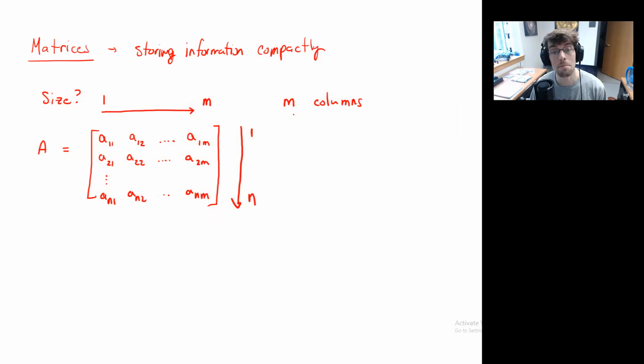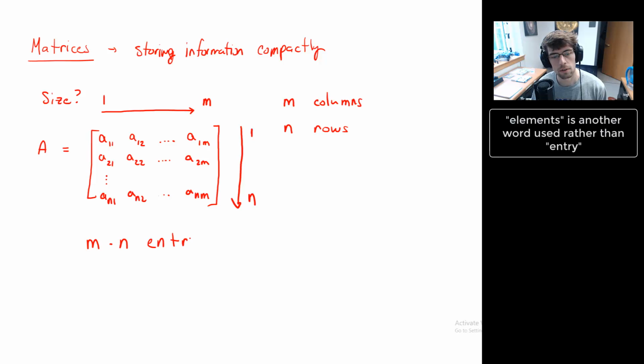We have m columns, as I've written, and we have n rows. So in total, we have m times n entries. Right, we have m columns, we have n rows, and that means that if we multiply the two, we have m times n entries.